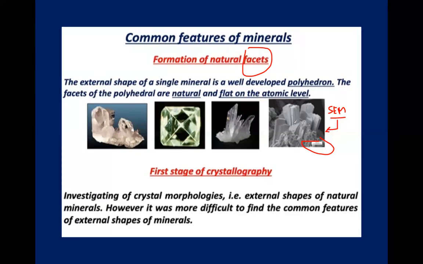We also have an SEM in the geology department on the ground floor. When you come to the department, you can see it, which is used to magnify and observe properties at a higher scale, sometimes 10,000 times greater than the normal object size.